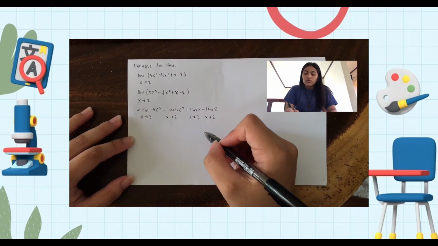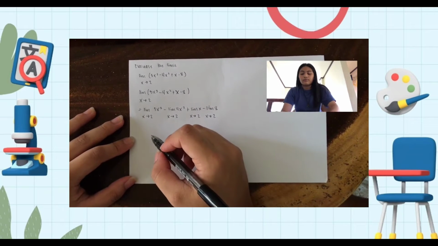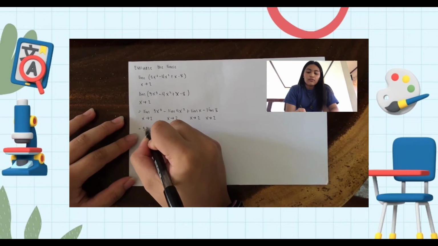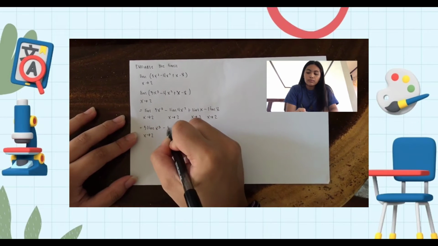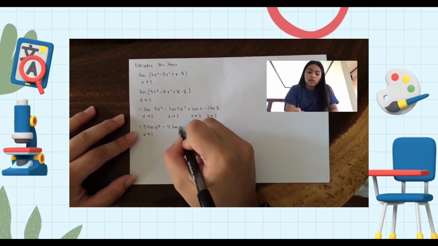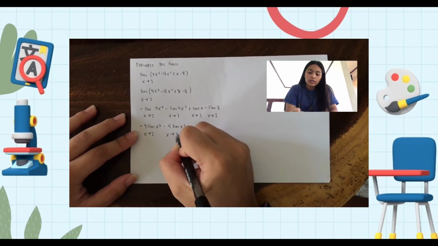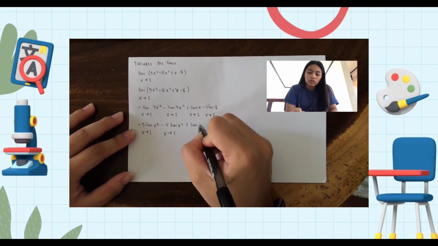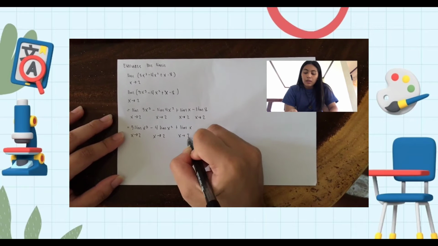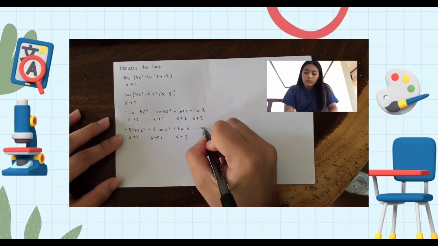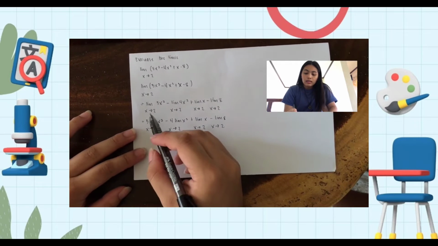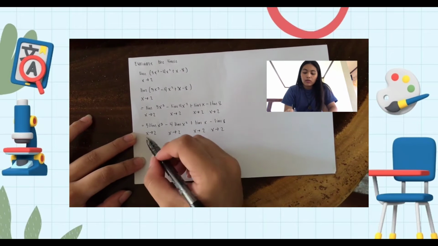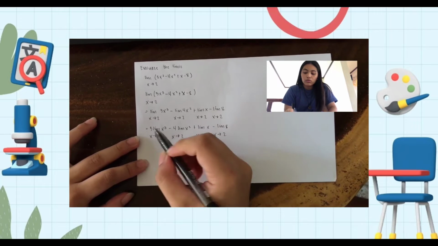Applying the constant coefficient law, we have 5 times the limit of x cubed as x approaches 2, minus 4 times the limit of x squared as x approaches 2, plus the limit of x as x approaches 2, minus the limit of 8 as x approaches 2.